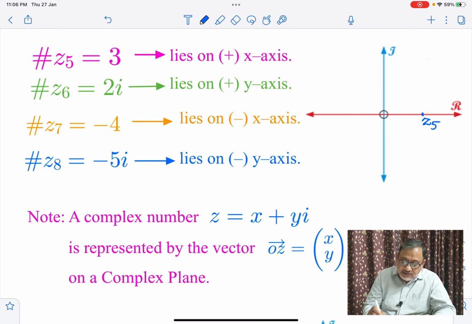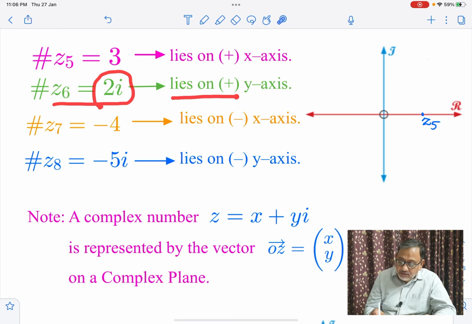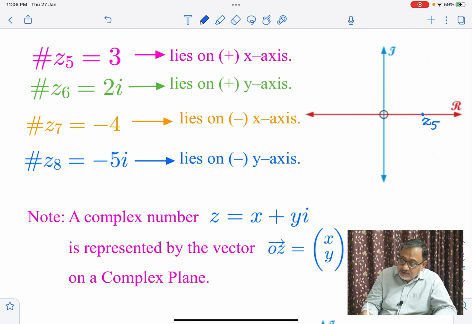Then Z6, it has only a purely imaginary part. So therefore it will be represented on the positive y-axis only, because it has only a positive imaginary part. Okay then, so I'll represent it somewhere here, which will be Z6, right?